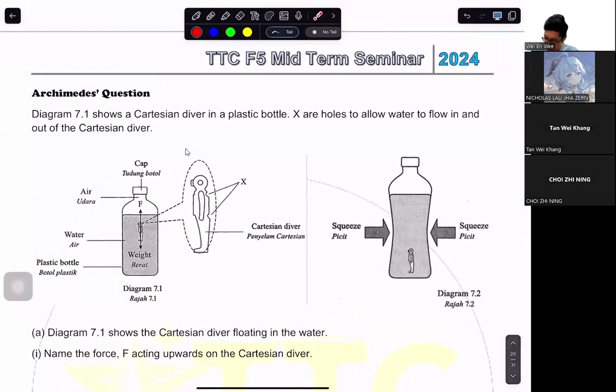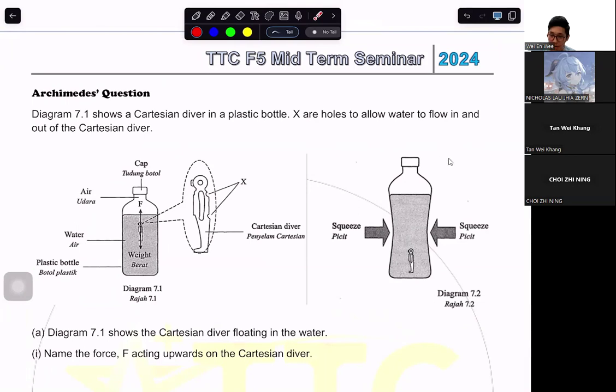Now, this is a Cartesian diver. It's basically mostly a toy. We have some holes in the Cartesian diver, and it allows water to flow in and out of the Cartesian diver.